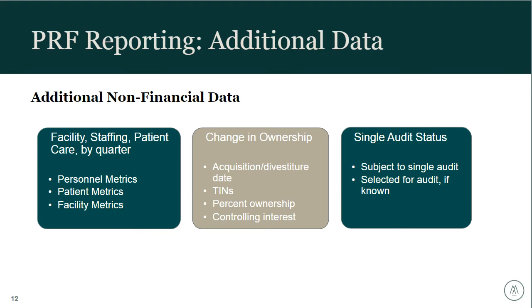Some of these might not be relevant to your particular type of facility, but these are numbers you can start to pull together now, even though the year is not finished yet. Also, if there's been any change in ownership, you'll want to have that information ready, and know whether or not you are going to be subject to single audit.